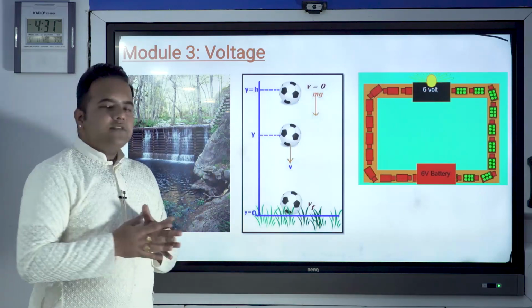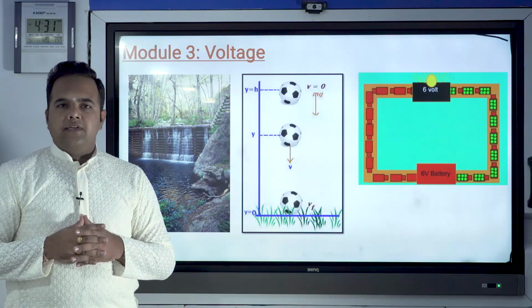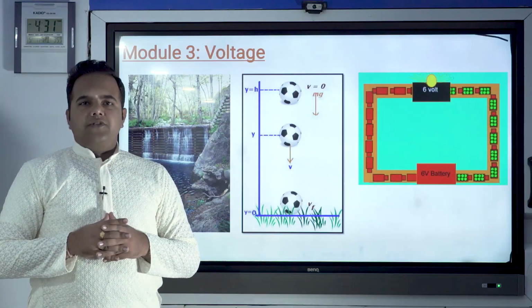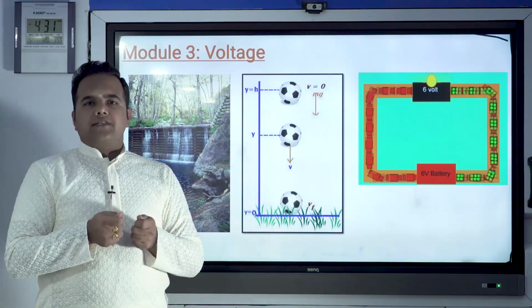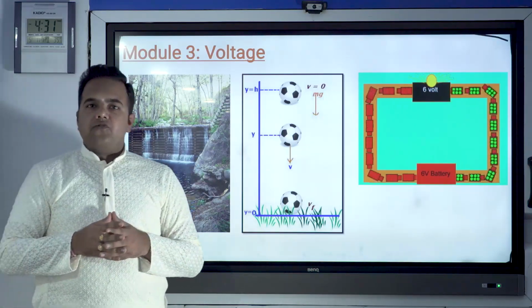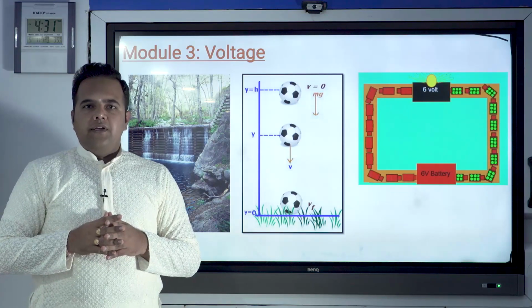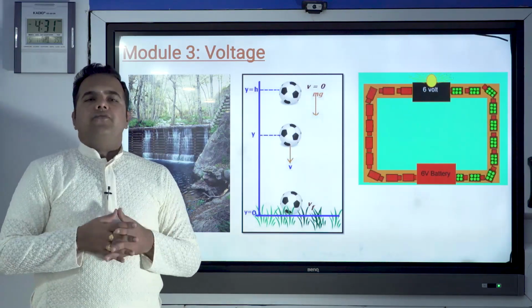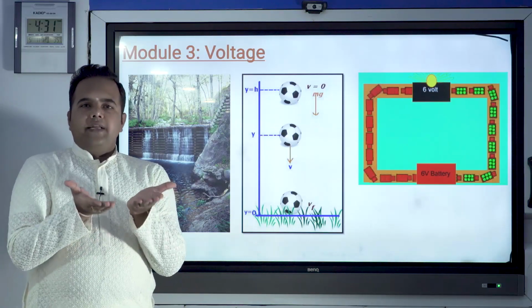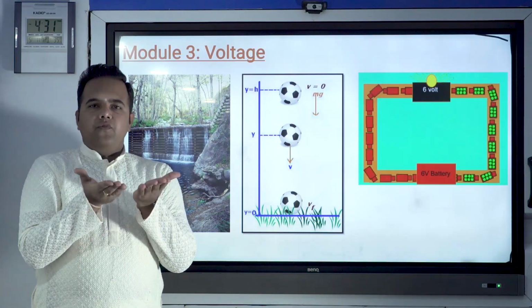This process of creating difference is called the potential difference, which means between 2 points we create a certain height or a certain pressure difference so that the electrons move. If we don't create that pressure difference or height difference, the electrons remain the same, they never move.